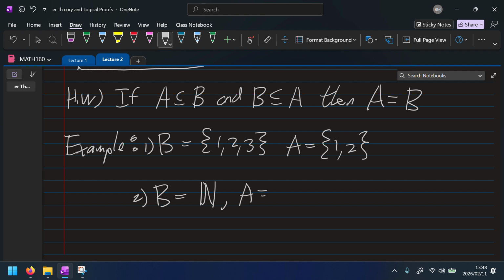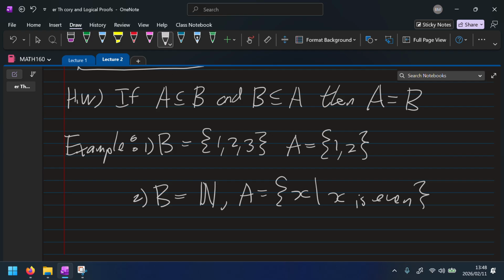And A, we're going to use some set builder notation, x such that x is even. Now here, we can't just go element by element and check. We have a rule. So the rule for A is x is even. The rule for B is it must be a natural number. Now we check the condition. If x is even, is it also a natural number?